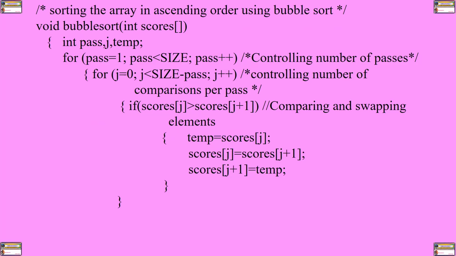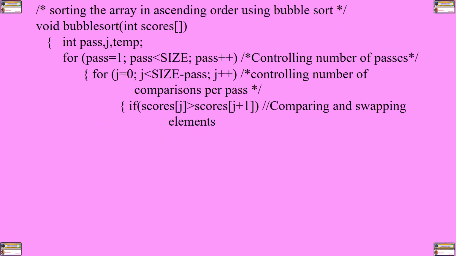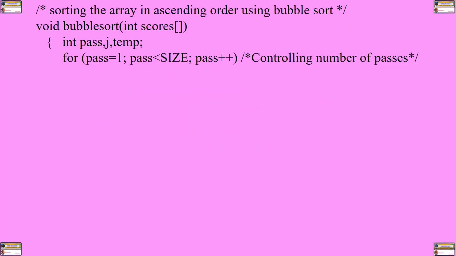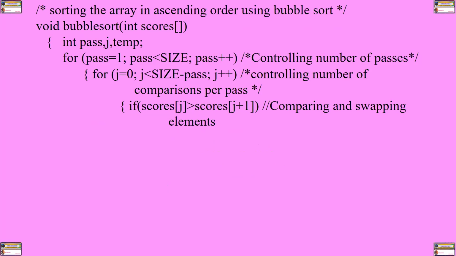I want you to look at this part and ask yourself, if you wanted to sort this array in descending order, where it runs from the highest to the lowest, and the first value is greater than the second value, would we interchange them or retain them as they are?